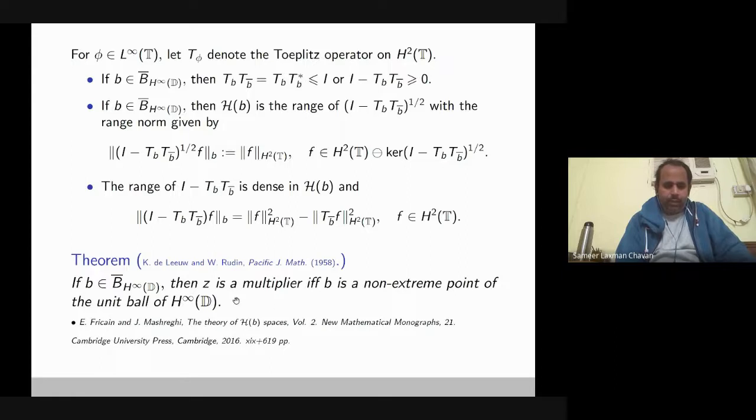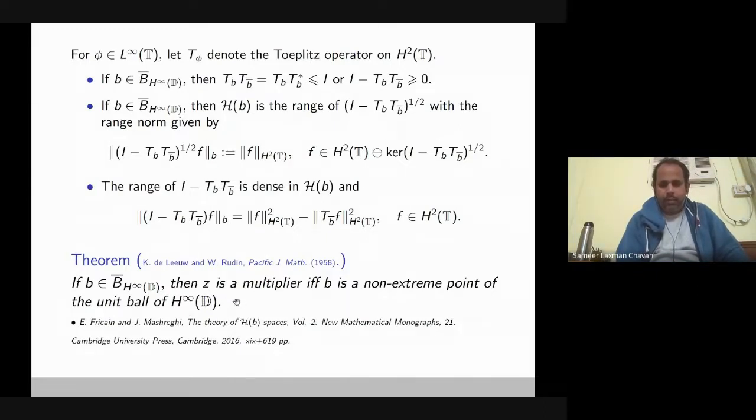So you can see that z is a multiplier. This means that if you look at the operator of multiplication by z, it's a bounded linear operator. Okay, so this is an operator theoretic statement, and you are characterizing it in terms of a statement from function theory, namely it is a non-extreme point of the unit ball of the bounded holomorphic functions.